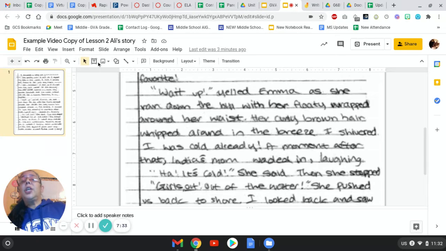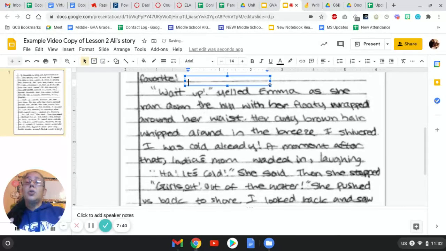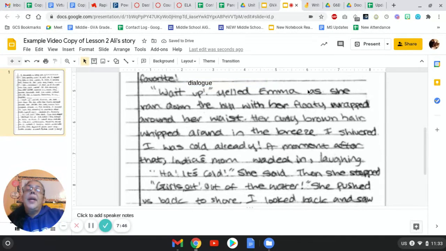So she's definitely looking at, we have different characters, right? And so we have more dialogue. So our characters are speaking, right? Not just Allie. But here's where they focused in on that detail. A lot of detail. She could have said that Emma ran to the water, but instead she said she had her floaty wrapped around her waist and curly brown hair whipped around in the breeze.